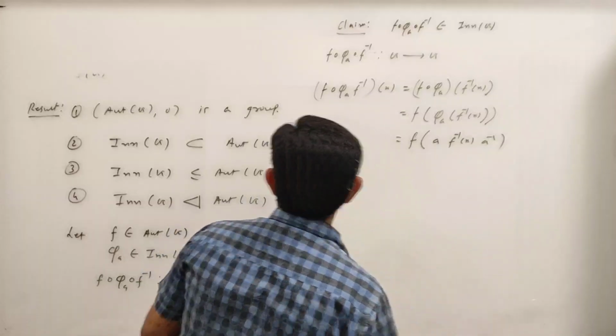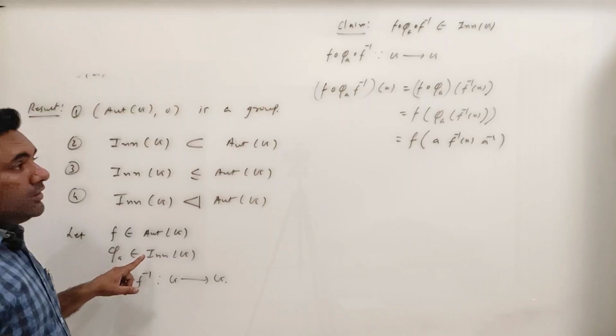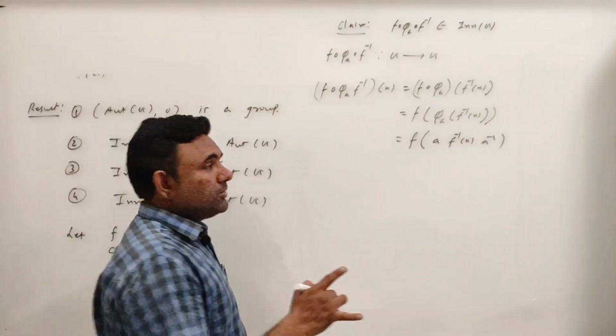Now what is my f? F is an automorphism, so it will preserve composition.